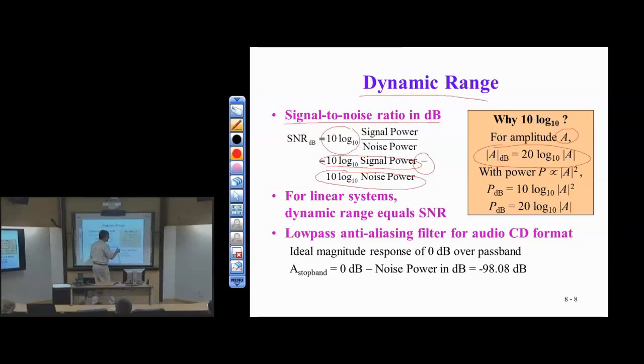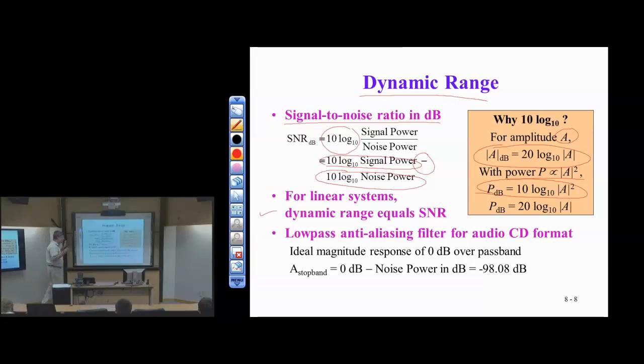Remember that power is proportional to amplitude squared, so if we use 10 log 10 of amplitude squared, this just becomes 20 log 10 of the absolute value of the amplitude. So it's completely consistent. You just have to know whether the quantity is power or amplitude when you're converting to dB. Now, for linear systems, the dynamic range is just equal to the SNR.